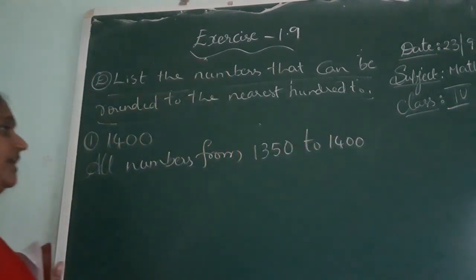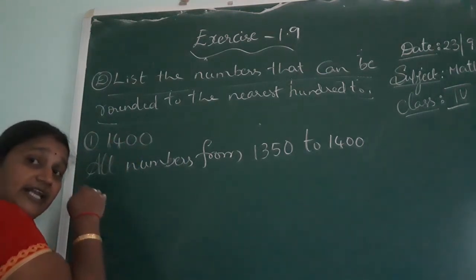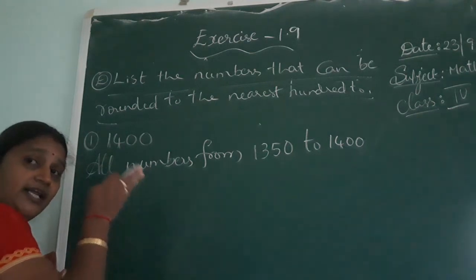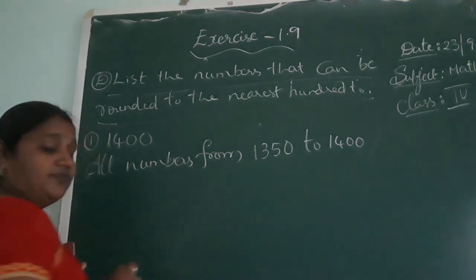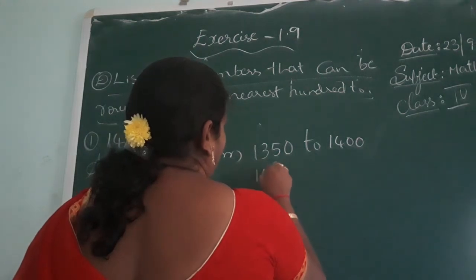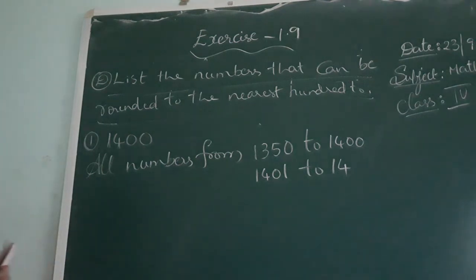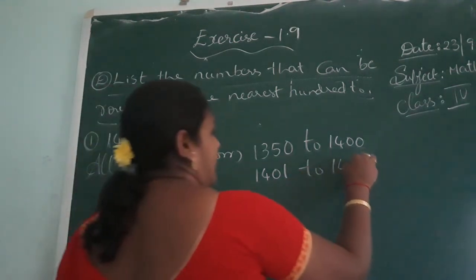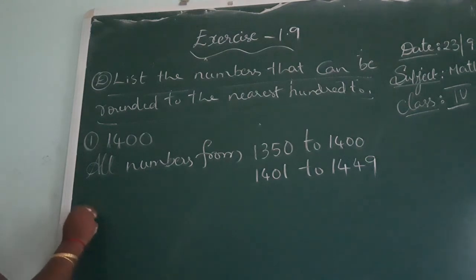The numbers between 1300 and 1400s. Before 1400, 300 to 349 is rounded to 1300 only. It has to round to 1400s. So 1350 to 1400, next 1401 to 1449 is rounded to 1400, and 1450 means it is rounded to 1500. A little bit of confusion you may feel. Once again check through and read this one.